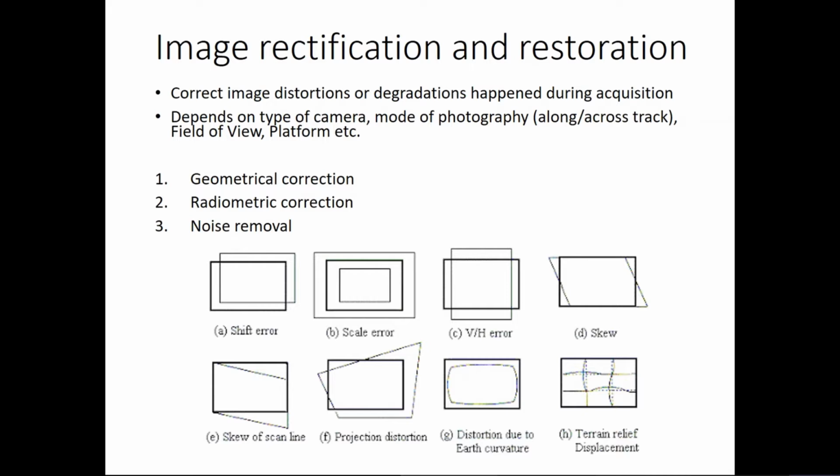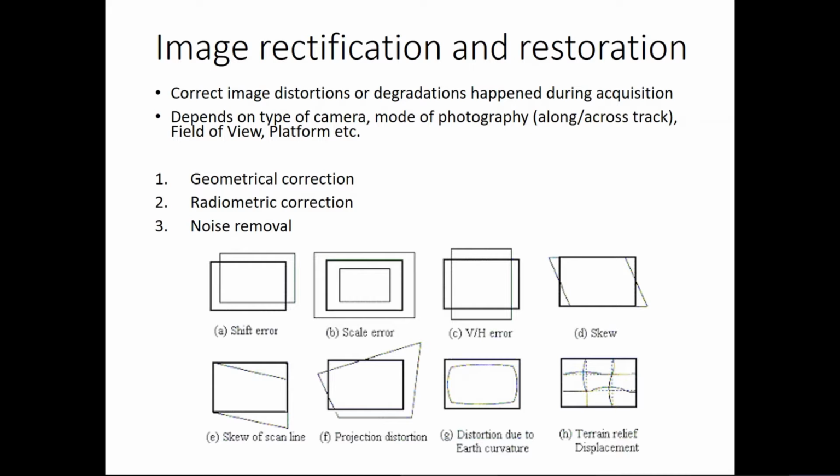When the image is obtained, it might be distorted like this. So these images have to be restored or rectified to their actual shape, brought down to the bold squares and rectangles, as you can see here.